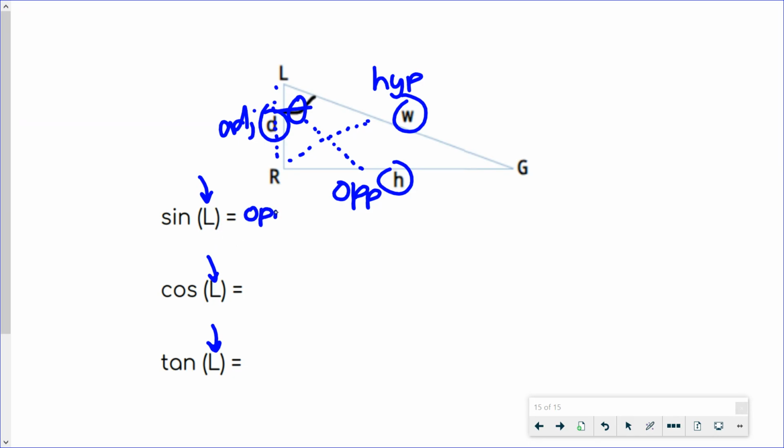Sine, I know, is opposite over hypotenuse. I can use SOHCAHTOA to help me remember. Opposite over hypotenuse.